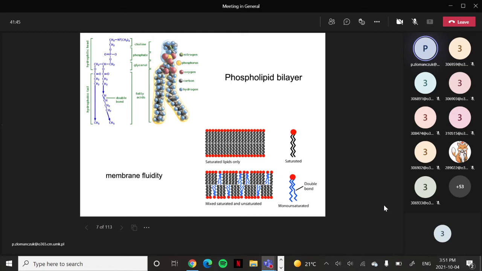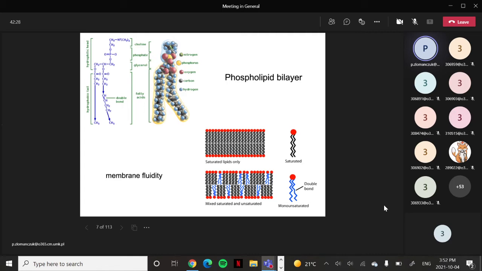And the bonds between carbon atoms, you can see in the upper left corner of this slide, can be connecting via single or double bonds. When this connection is double bonded, we call it unsaturated, because it's not fully saturated with hydrogen atoms. If the bond between carbons is fully saturated, there is only one bond. But when it is unsaturated, there can be a double bond.